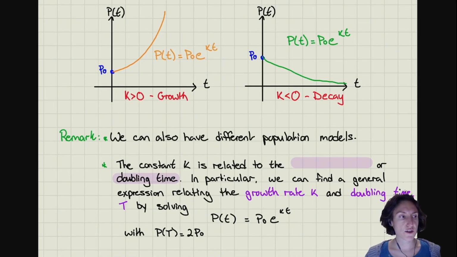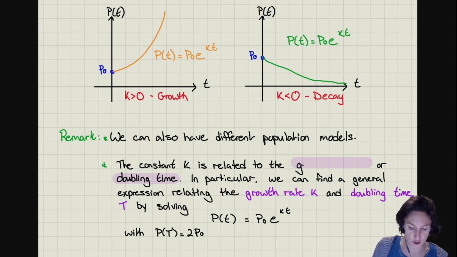Now, one thing we talked about more in the beginning of the term was the doubling time for problems. We're actually going to refer back to that here. The constant k is related to something called the generation time or the doubling time. These terms are used interchangeably.